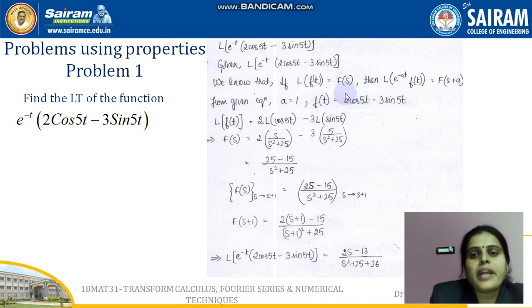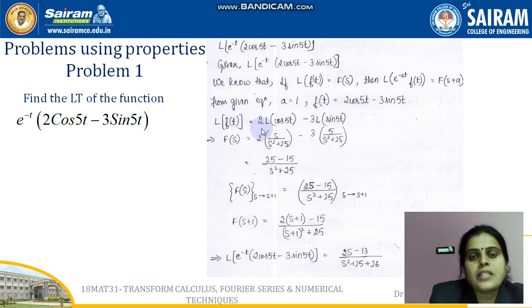So let us find the Laplace transform of this first, that is going to be your F of s, and then wherever you have s, it should be replaced by s plus a in the F of s expression. That gives the solution for the Laplace transform of f of t multiplied by e to the power of minus t.